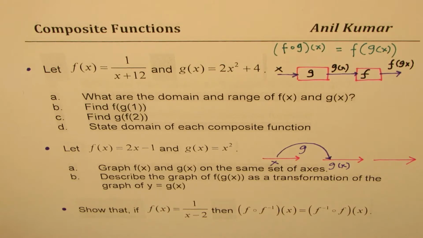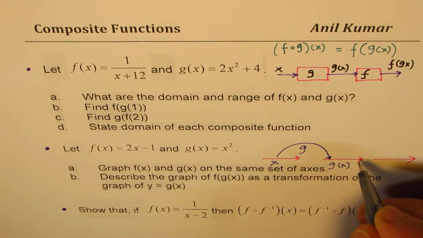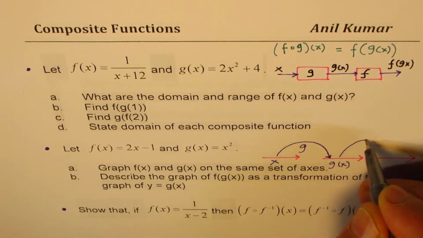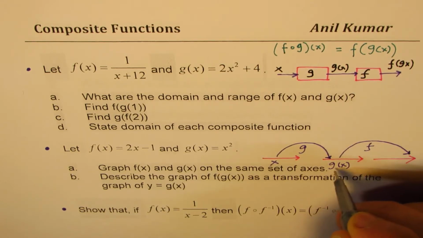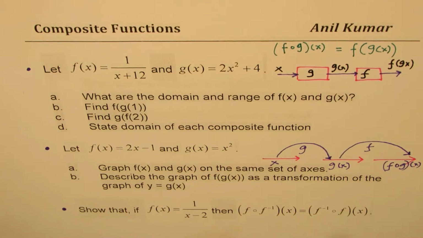And then from here, the output will become the input of the next function. So we get an output here. The function f now performs on g, and the output we get is f of g of x, correct? So that is the diagram.